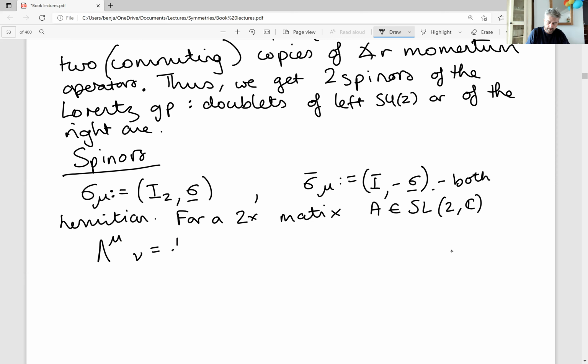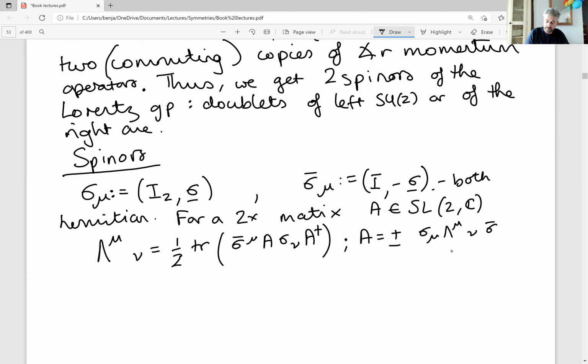So we can write the map from the matrices A to a Lorentz transformation in the following way: take half times the trace of sigma bar^mu A sigma^nu A Hermitian conjugate, and in the other direction, A is plus or minus sigma_mu Lambda^mu_nu sigma bar^nu divided by the square root of 2 Lambda^mu_mu.